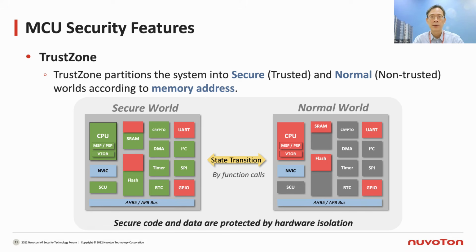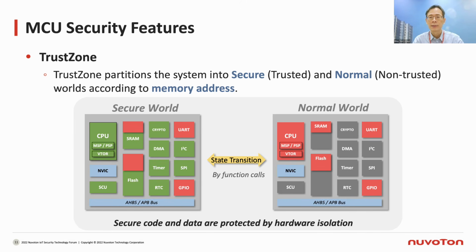Here is an example. The processor can access all resources when executing in secure state. After executing the secure gateway instruction, the processor will switch to non-secure state. In this case, the processor can only access SRAM, flash, and the peripherals that are allocated to the non-secure world.